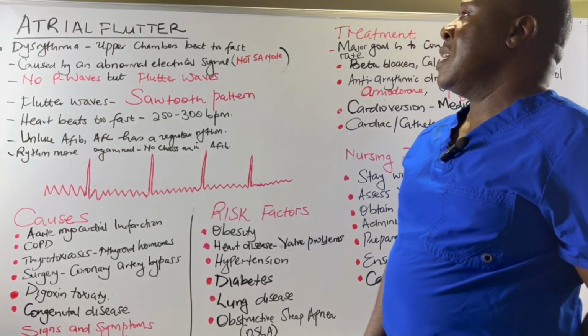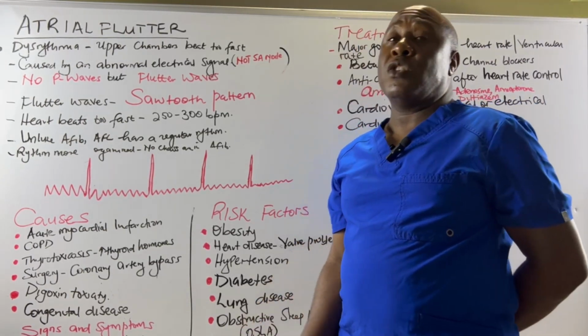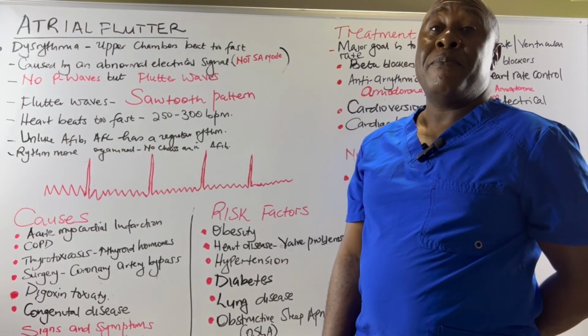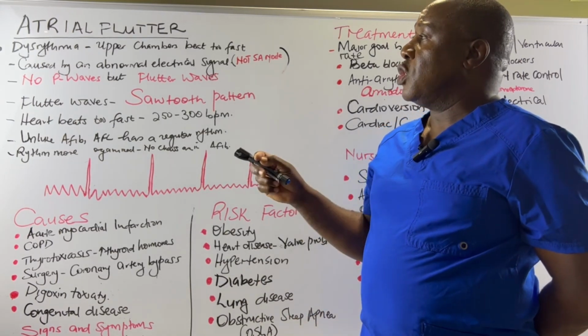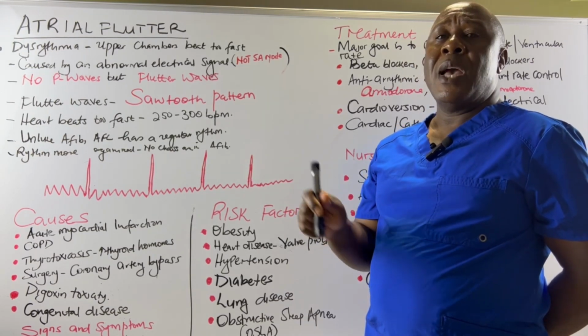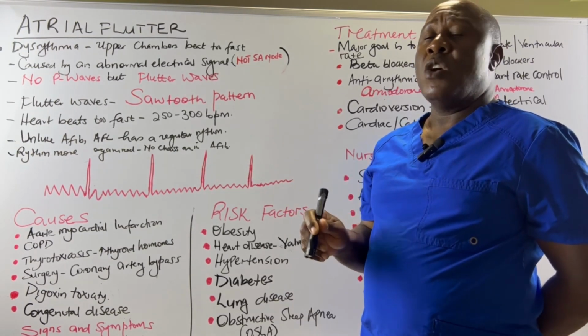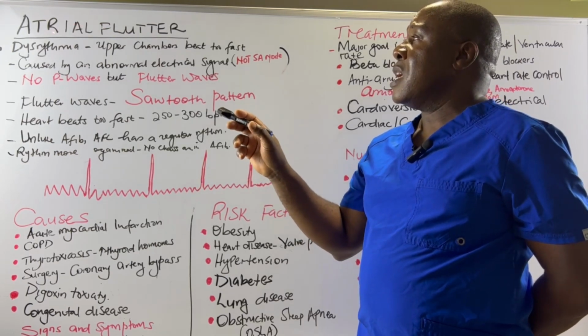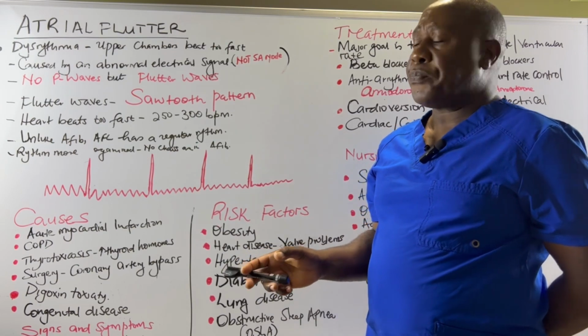Remember, we said that in a normal heart's electrical conduction system, it is the SA node which is the primary pacemaker. But in this condition, we are seeing other abnormal cells issuing abnormal electrical signals which end up in the development of this particular atrial flutter rhythm.